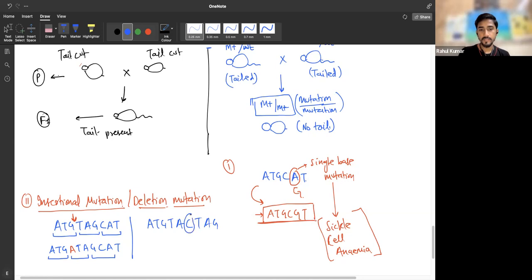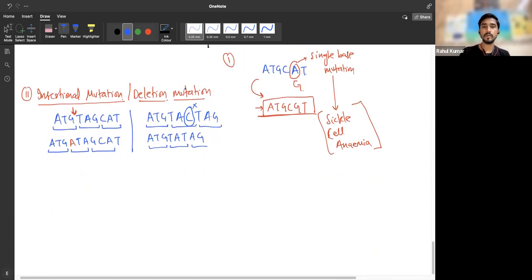If this C gets deleted, then it will become ATGTATAG. Earlier the code was ATG, TAC, TAG. Now it becomes ATG, TAT, AG. So because of insertional or deletional mutations, you can write down, the reading frame changes.